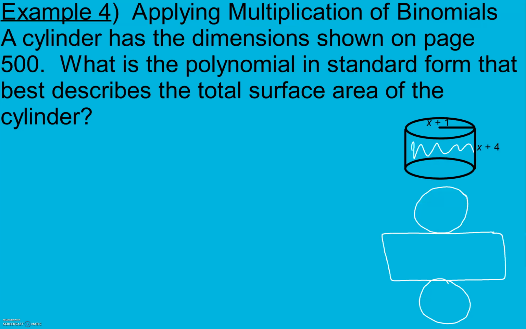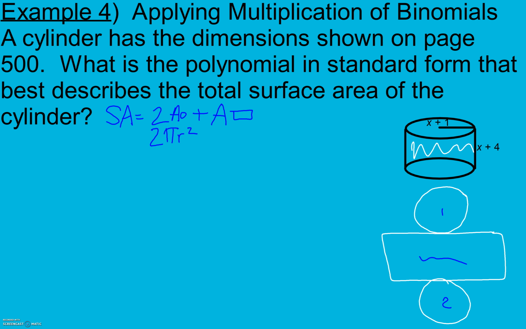So to find our surface area, I have to find the area of my two circles and add to it the area of my rectangle. Area of a circle is pi times radius squared.